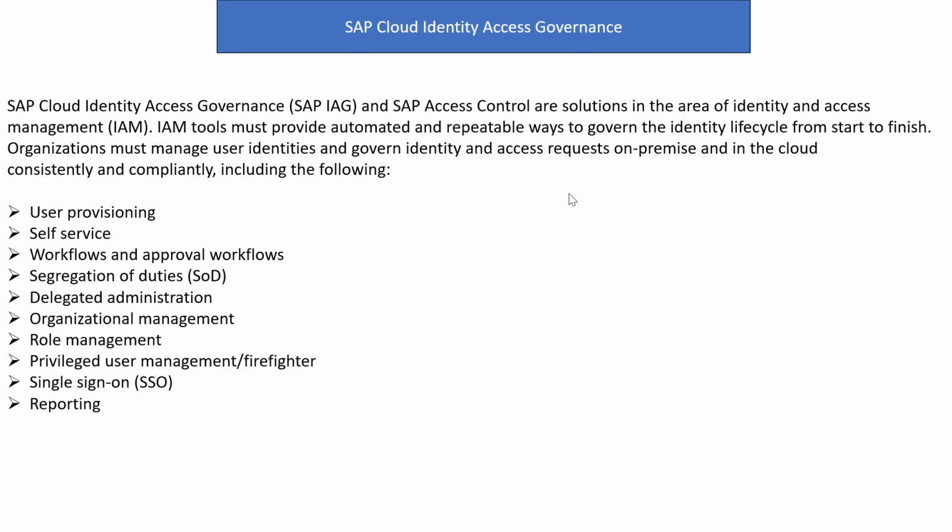But what SAP will suggest is, if you want to migrate to IAG, better you go for a hybrid model. It means you can continue with your existing GRC, and you can also use IAG.